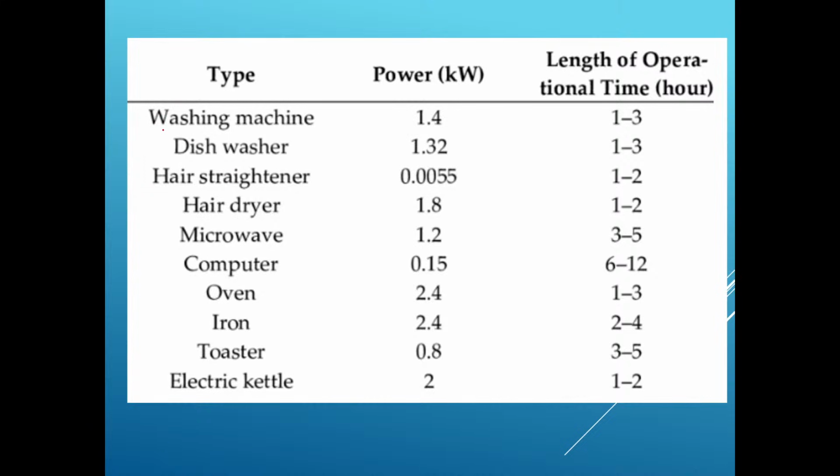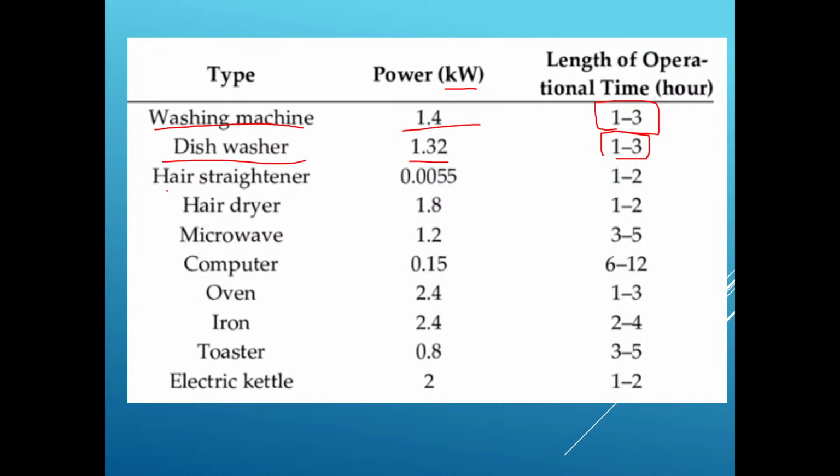For example, if you take a washing machine, the power rating is 1.4 kilowatts, and it is operated for around 1 to 3 hours. Similarly, a dishwasher's power rating is 1.32 and it is operated for around 1 to 3 hours.